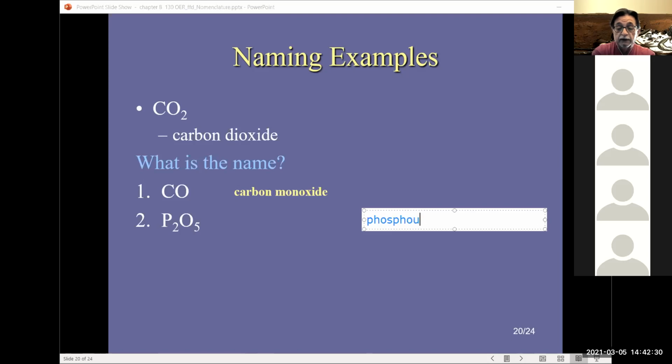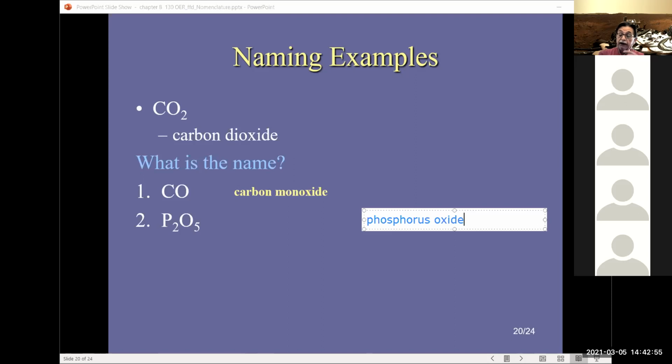It's not phosphide because it's the first name that is a central atom. In fact, there's 2 of them here. Okay, so it stays phosphorus. And then followed by oxygen, which again, like we said, now changes to oxide like the ionic compound. So that is the parent name, the base name.